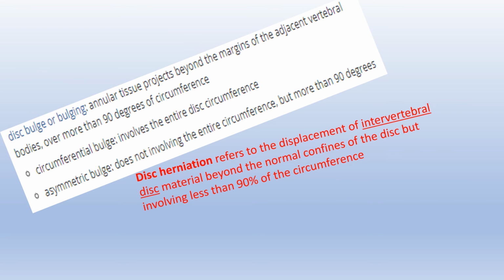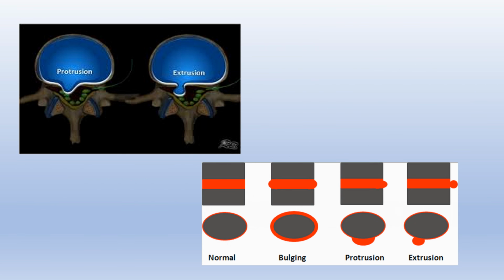So a disc bulge projects beyond the margins of the adjacent vertebral bodies over more than 90 degrees of circumference. It can be a circumferential bulge, involving the entire disc circumference, and when it does not involve the entire circumference, then this is called an asymmetrical bulging disc. And disc herniation refers to the displacement of intervertebral disc material beyond the normal confines of the disc, but involving less than 90 degrees of the circumference.